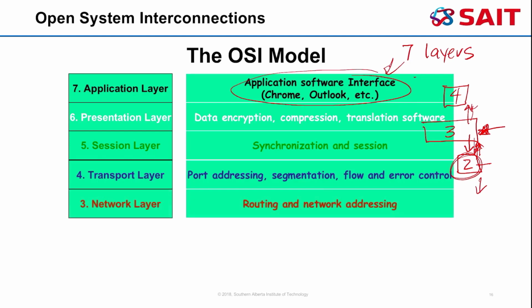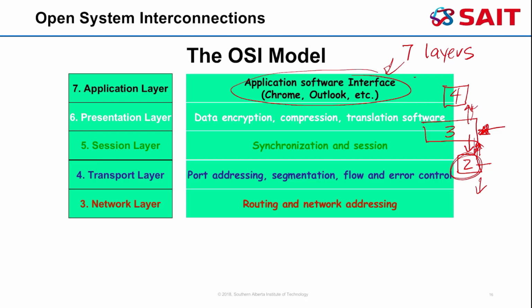Layer 3 is your routing and network addressing. So this is where you find the device that is directing traffic based on an IP address. An IP address is a layer 3 address, and this is where your routers use that IP address to route over the wide area network to the correct location.